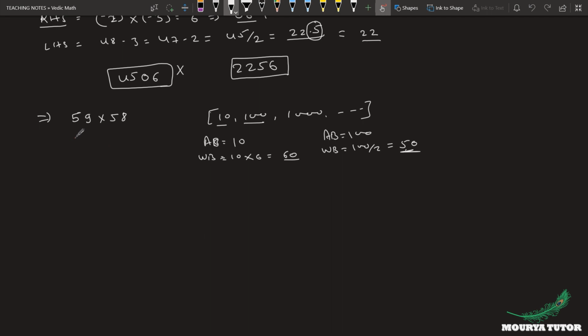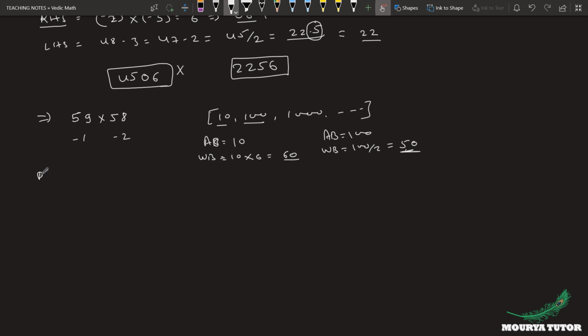So if you take the working base 60, then the differences will be plus 9 and plus 8, correct? Sorry, not plus 9 plus 8. This will be minus 1 and minus 2. If you take the working base 60, then the differences will be minus 1 and minus 2.